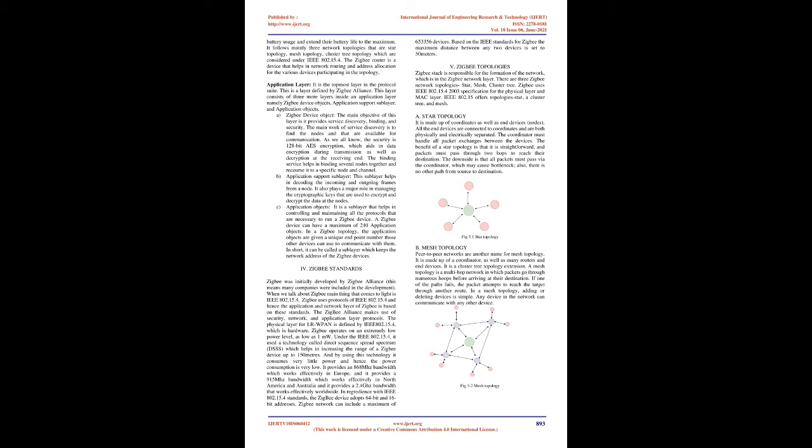A Zigbee network can include a maximum of 65,536 devices. Based on the IEEE standards for Zigbee, the maximum distance between any two devices is set to 50 meters. Zigbee topologies. Zigbee stack is responsible for the formation of the network, which is in the Zigbee network layer.